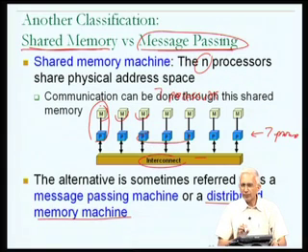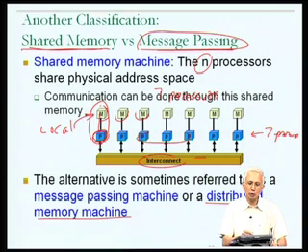Now, there is a finer point to be noted here. It is conceivable that, diagrammatically, the entity represented on the screen right now in this slide could in fact be a shared memory machine, because it's conceivable that the machine is constructed such that a process running on any one of the processors could access anything in its local memory, but it could also access anything in any of the other memories by going through the interconnect and the associated node or processor.